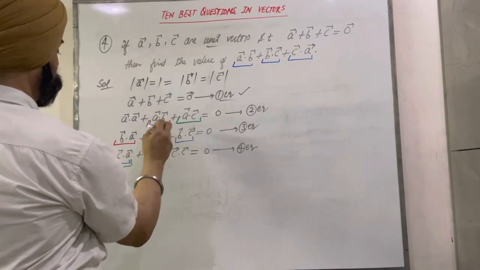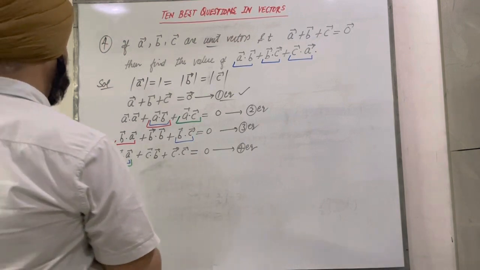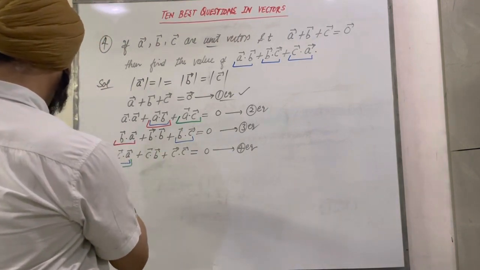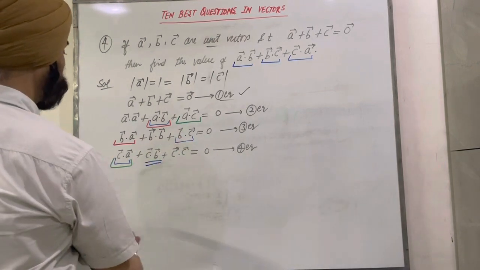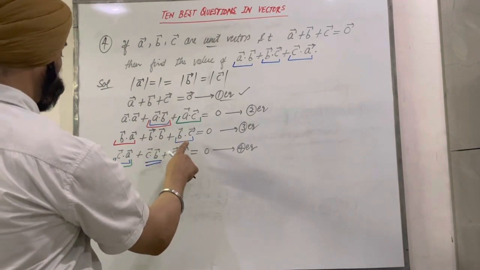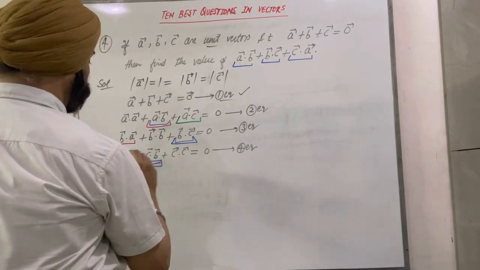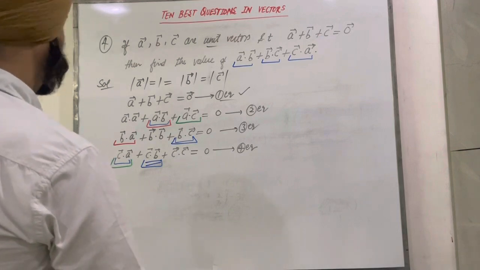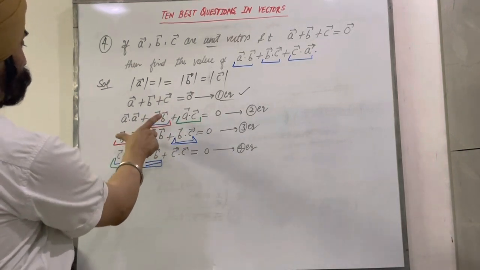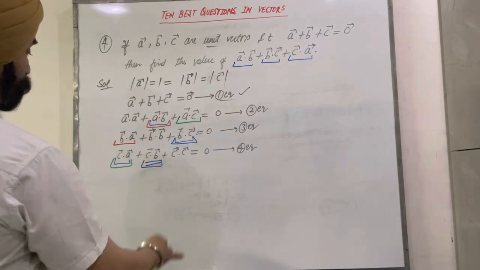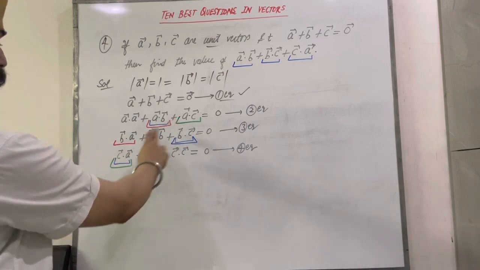And when we have C dot B, then B dot C is also there. So I can write 2 times A dot B, 2 times B dot C, and 2 times C dot A.